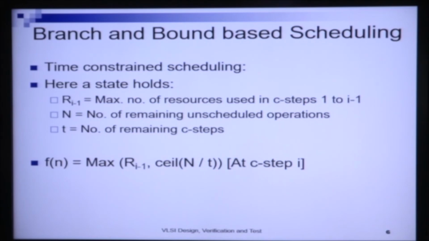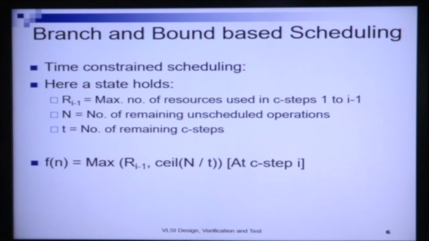Now, at any given state, I have started from the root and have come to this state. At any given state, the way in which the state space will be expanded will be a bit different here for the time constraint scheduling compared to the example that we took for the resource constraint scheduling. Why? Because here we will no more exhaustively allocate all resources to all the time steps. We want to minimize resources. Rather, the number of resources is not given to me.